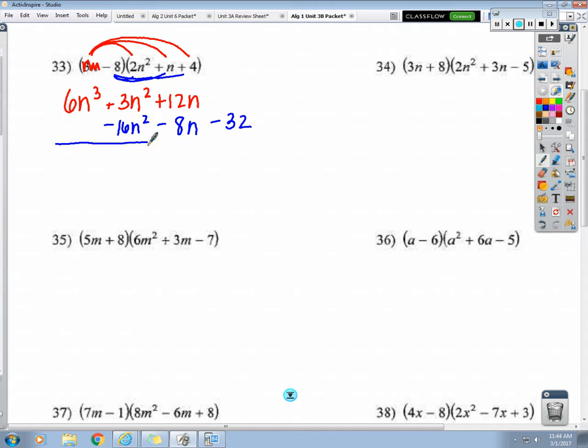Right. Okay, so now that I line them up vertically like that, when I go to combine them, I can see that 6n cubed and minus 32 don't get combined with anything. They just come down. How many n squareds do I now have? Well, 3 minus 16, which is negative 13 n squared. And then 12 minus 8 is positive 4n.